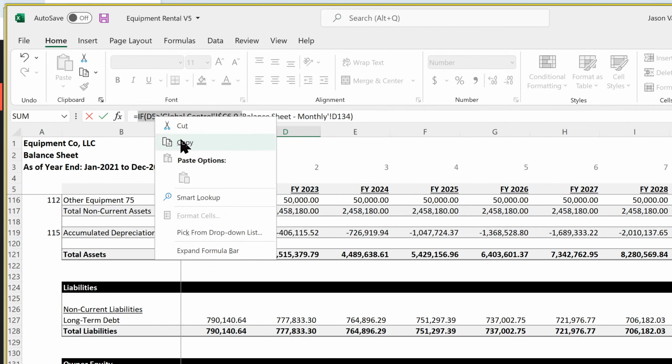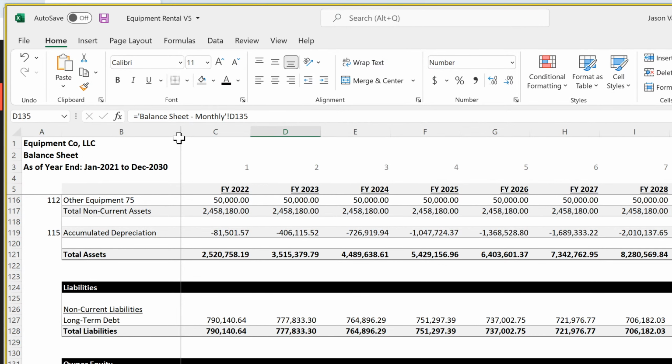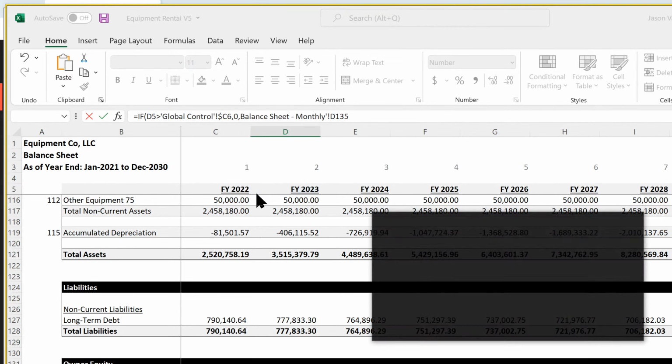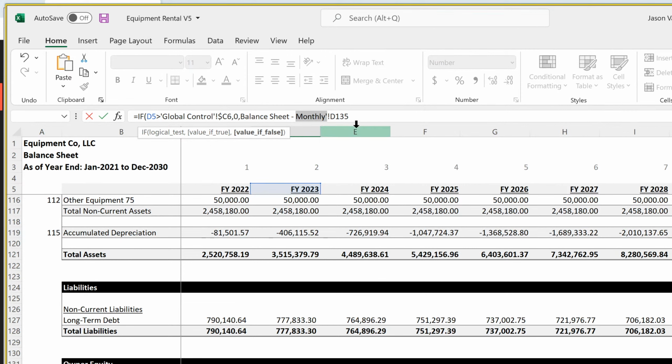These are all things that have to be done so that when the template goes out, the person doesn't have to worry about all this stuff. Wait, what the crap?